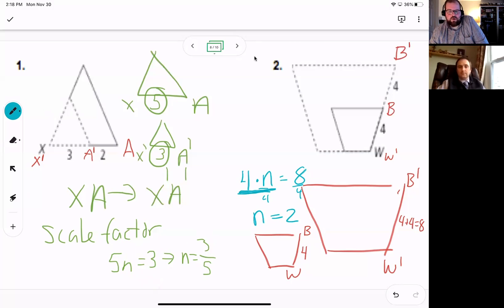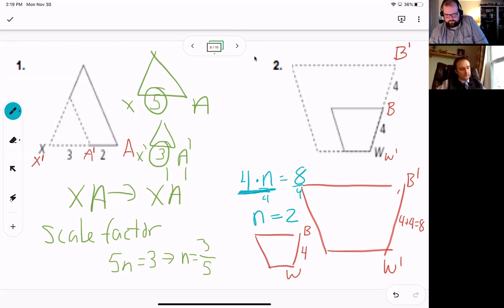My first instinct was to write 5/3 as my scale factor, but I had to articulate that I needed to get from 5 to 3, so I knew I needed a smaller number. That's where I came up with 3/5, but I like the structure of 5n equals 3.